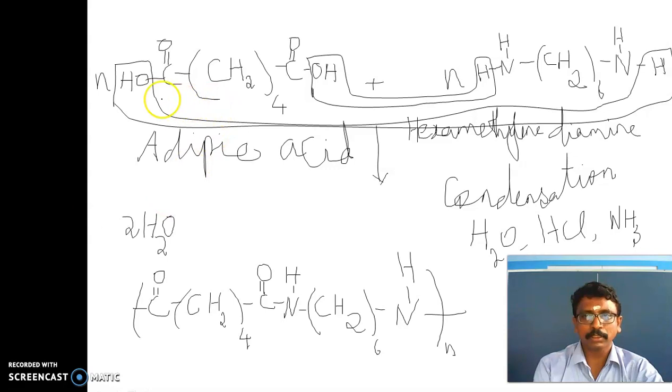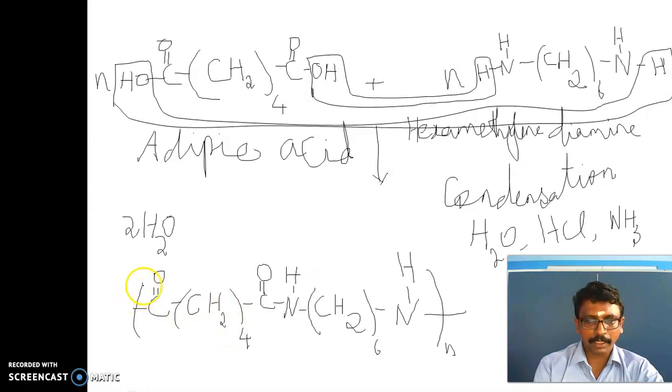Monomer means that before the compound we put n. Polymer means we put the square bracket and in the subscript we put n. This indicates it forms a chain. Here it will form C double bond O CH2, C double bond O NH, CH2 NH, and like that it continuously forms repeating units.